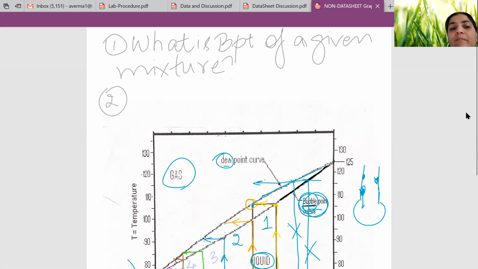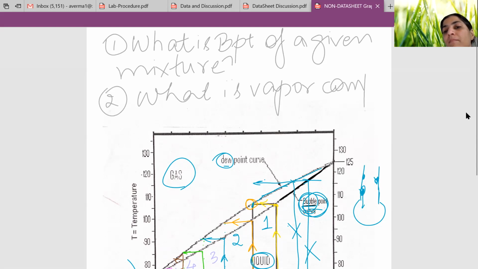And second, what is the vapor composition of a given liquid composition?